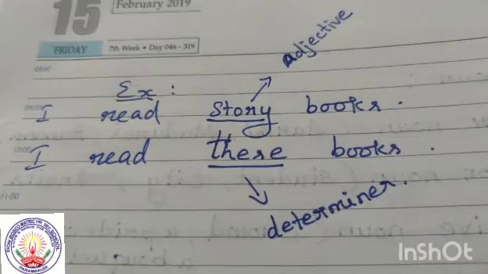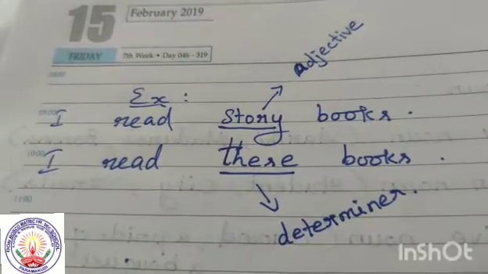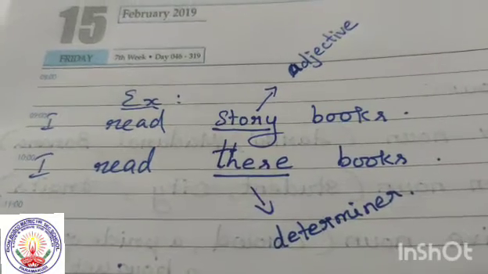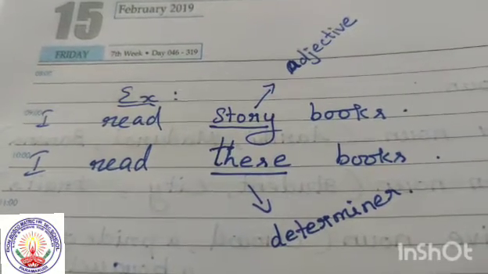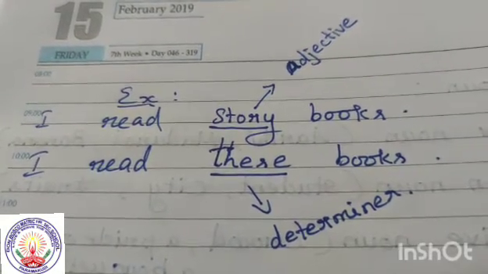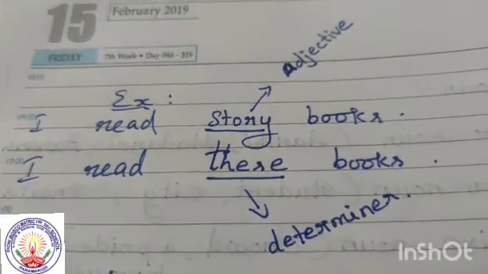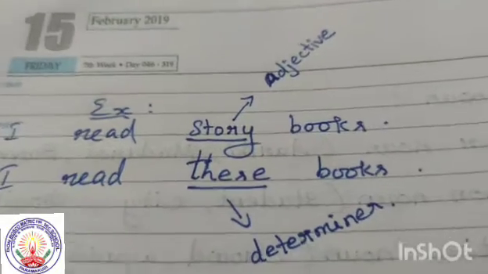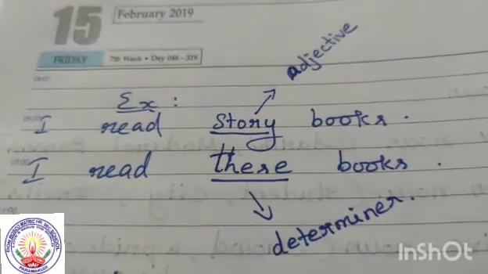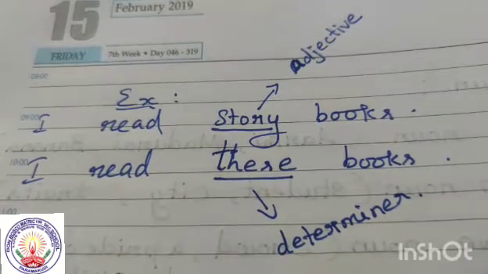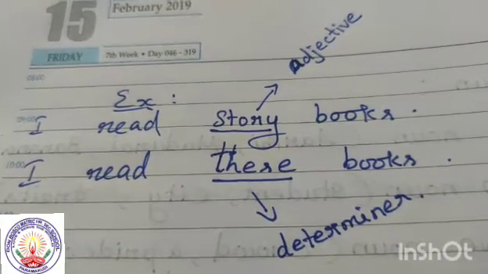For example, I read storybooks. And the next one, I read these books. What is the difference between these two sentences? Here, which is the noun? Books. Before the noun books, which word comes? Story.